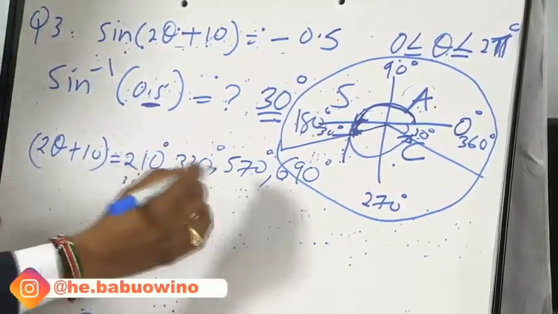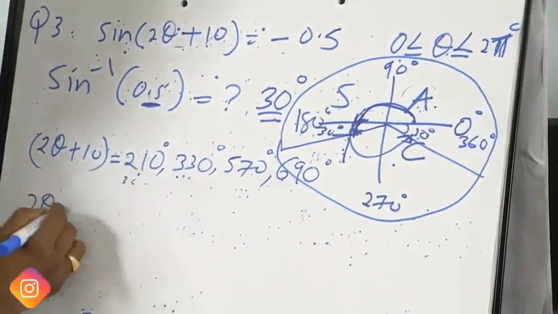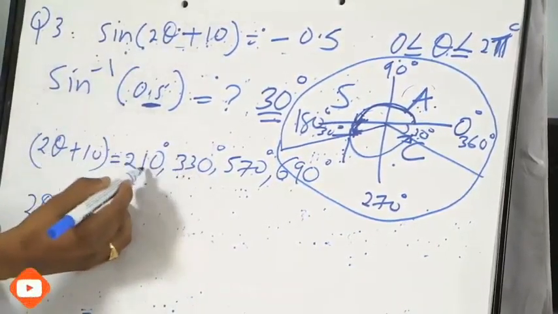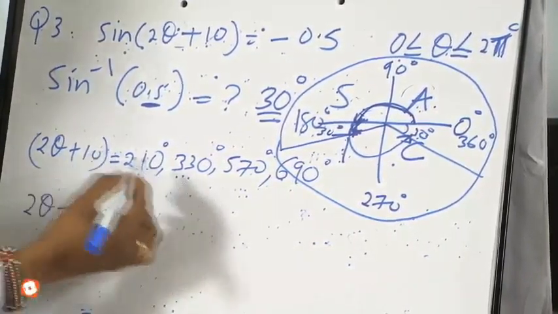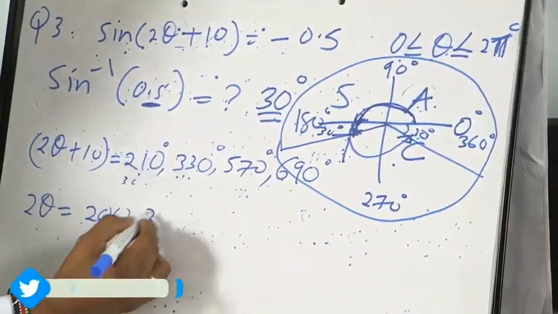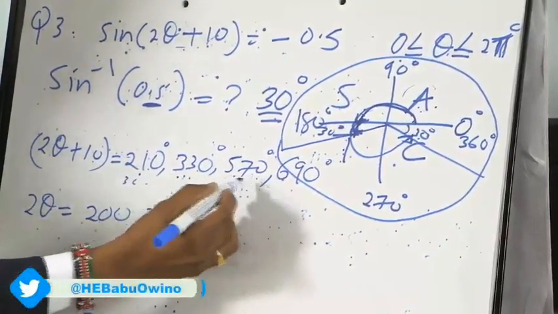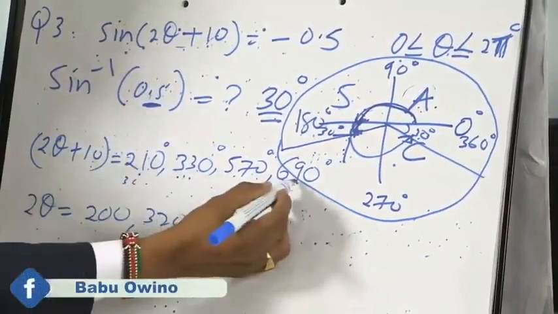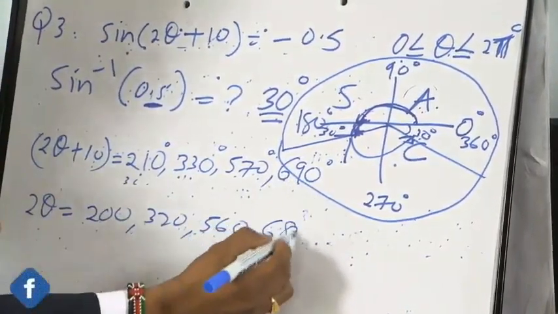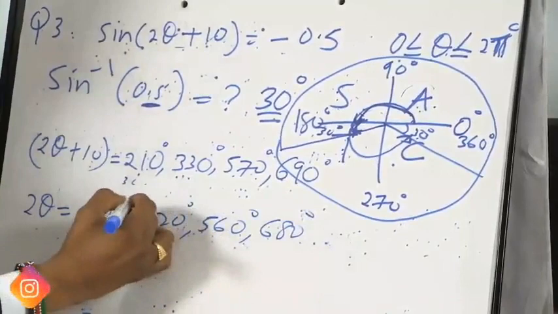Therefore, when we open this, we get 2 theta equals, when 10 crosses to the other side, 200, because it is 210 minus 10. 330 minus 10 is 320. 570 minus 10 is 560. And finally, 690 minus 10 is 680. They are in degrees.